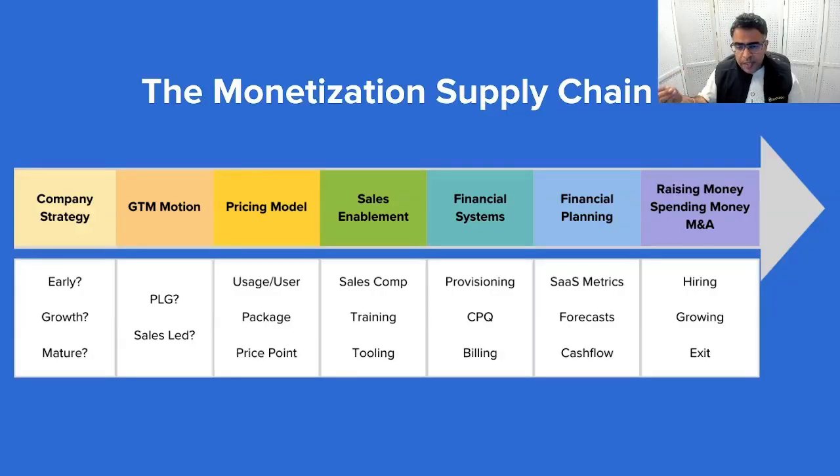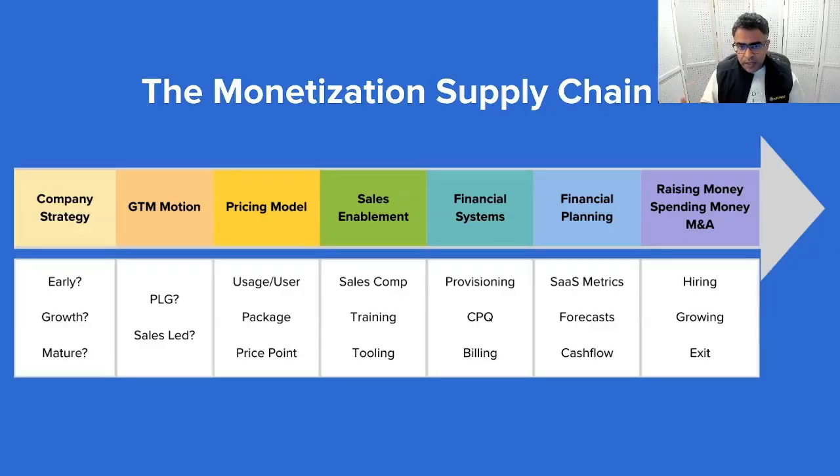So there are so many things that the sort of fulcrum of this supply chain, the pricing model, affects, right? The pricing model itself is dependent on the company's strategy and the GTM motion, but it is the one component that affects a lot of other things down the road. And so the awareness of the monetization supply chain is super critical because this is the life and blood of your company.